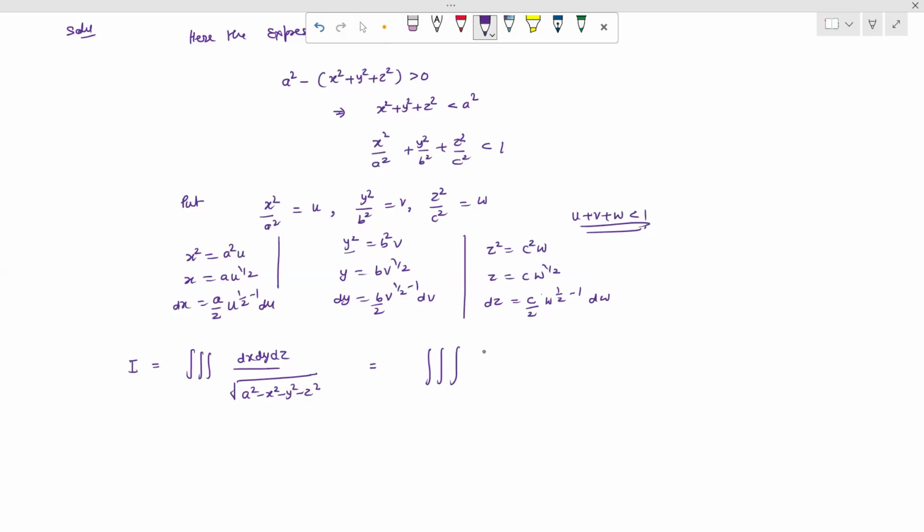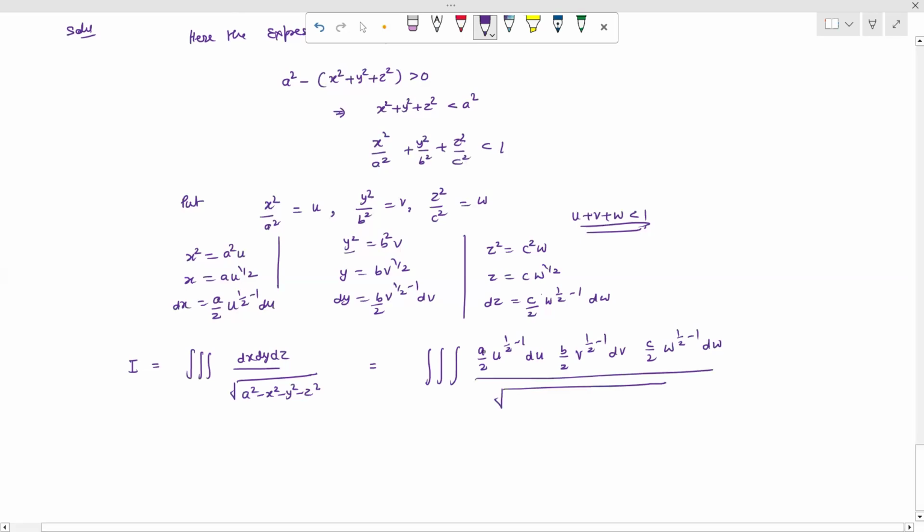What is the value of dx dy dz? The value of dx dy dz is a by 2 u raised to the power 1 by 2 minus 1 into du, and b by 2 v raised to the power 1 by 2 minus 1 into dv, and c by 2 w raised to the power 1 by 2 minus 1 into dw, upon root.